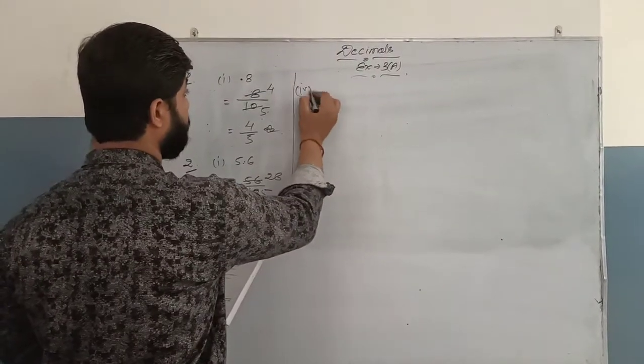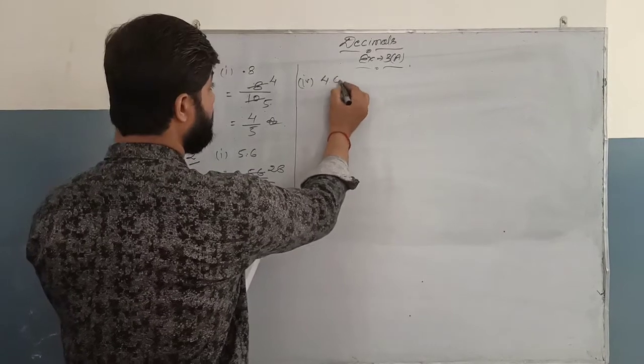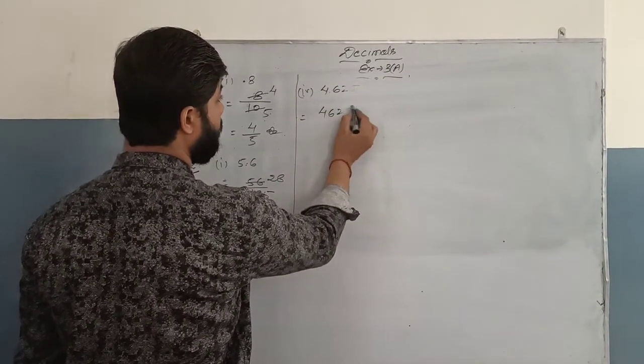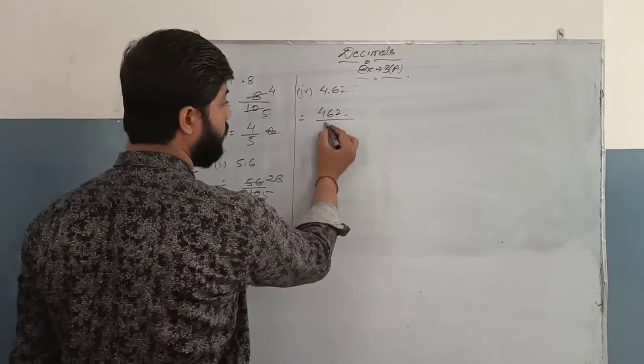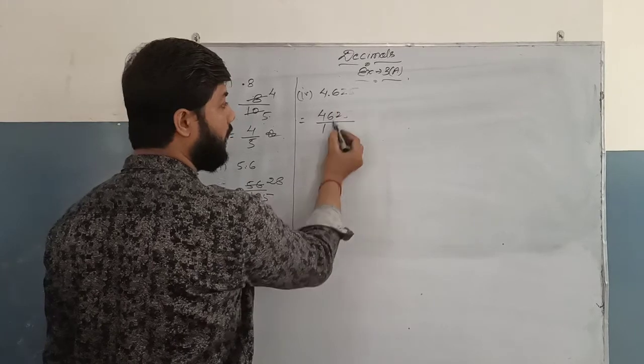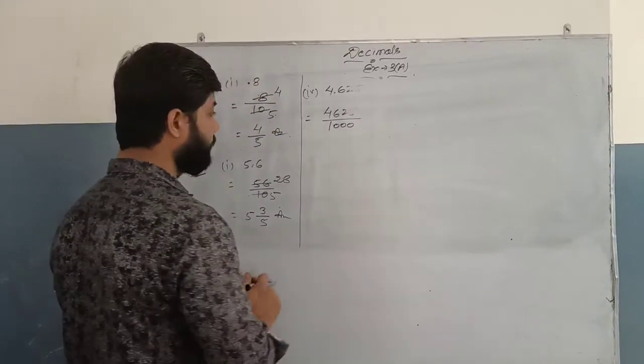Question number 4: 4.625. We have removed the decimal, so we will place 1 and count the number of decimal places. 1, 2, 3. So 3 zeros will be there. Now we will divide it.